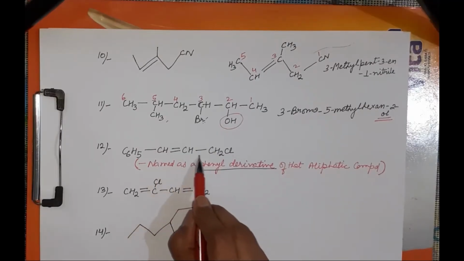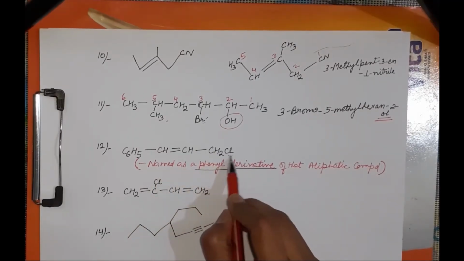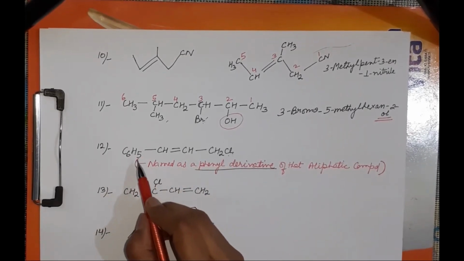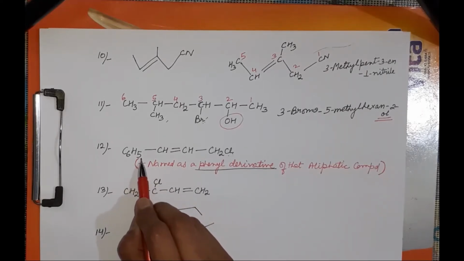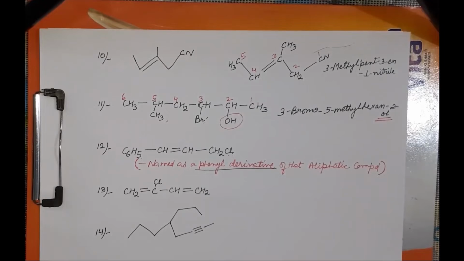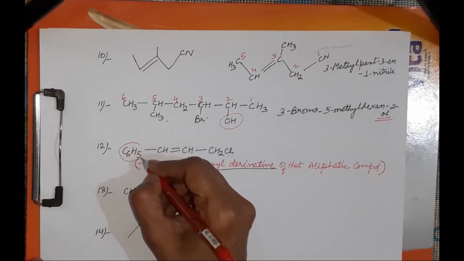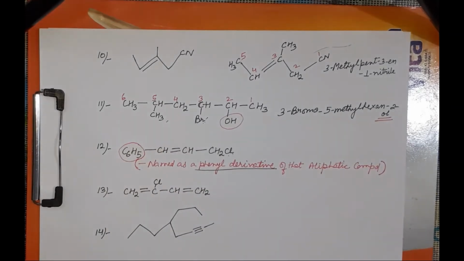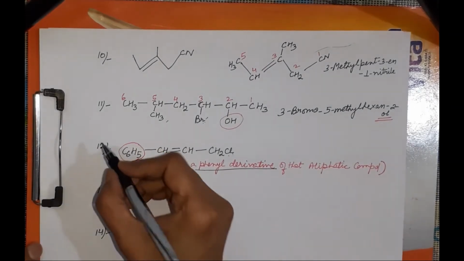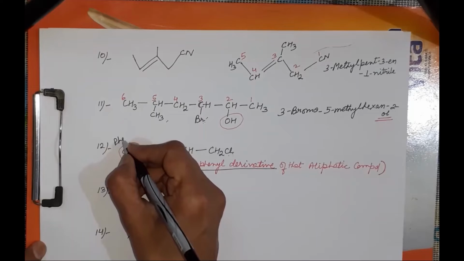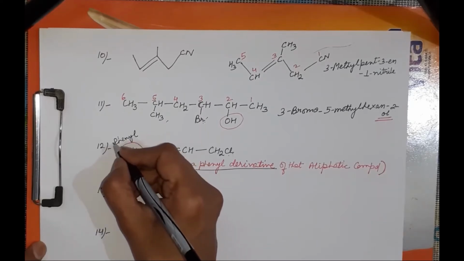Basically, here this is an aliphatic chain which has a chloro functional group at one end, and at the other end we can see a benzene ring attached to it. In such cases, this benzene ring is treated as a substituent, and the name used for it is phenyl.